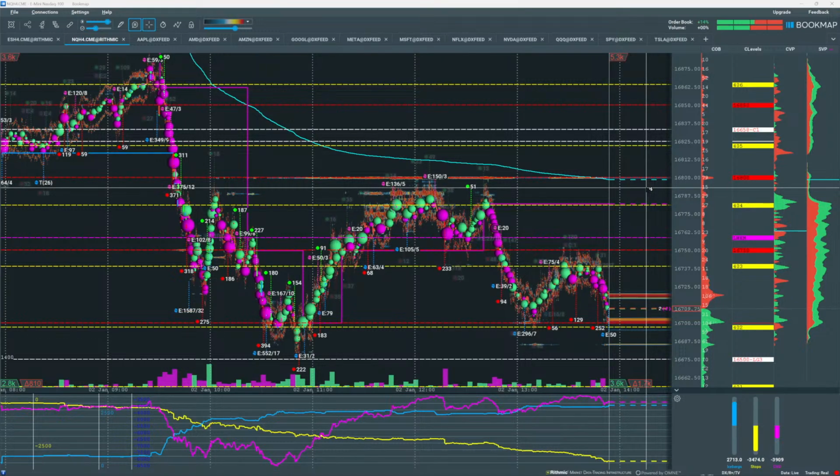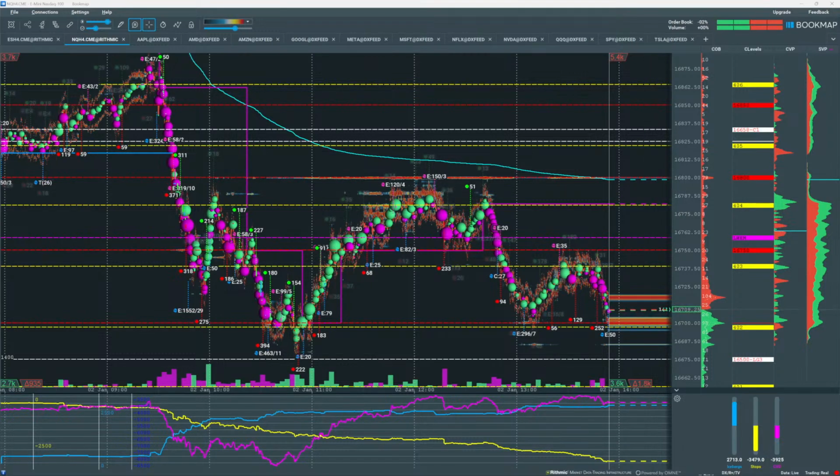ZB asked, could you please explain what is a combo level? Combo level, let's talk about the S&P 500. So a combo level combines SPY and SPX gamma weighted open interest into one level and converts that price to an equivalent either SPX price or SPY price, depending on which chart you're looking at.